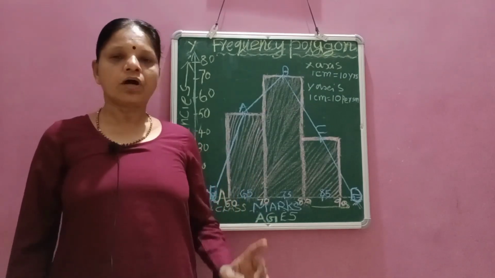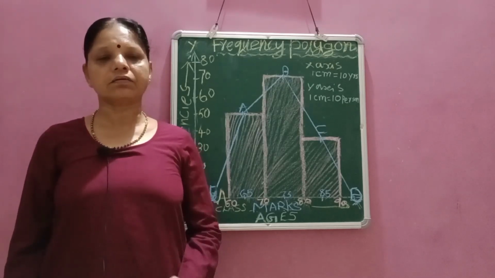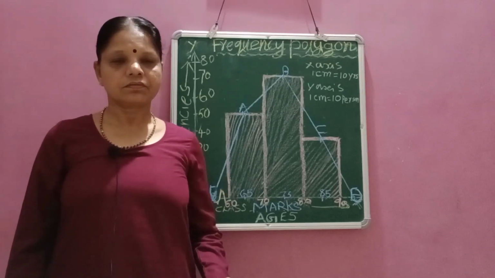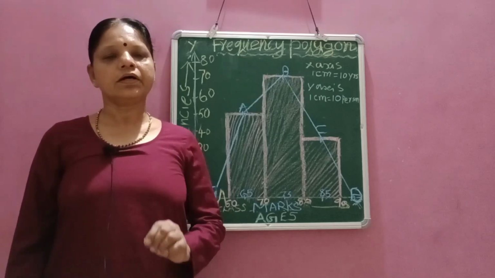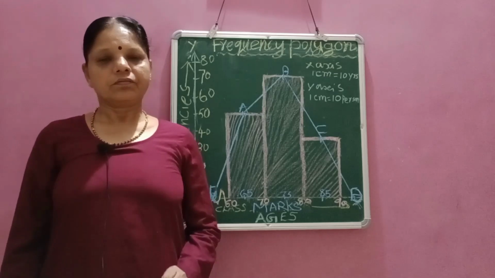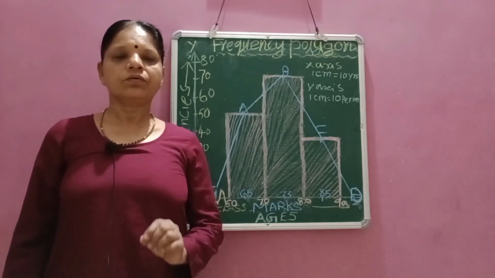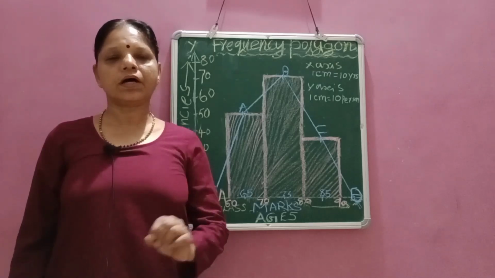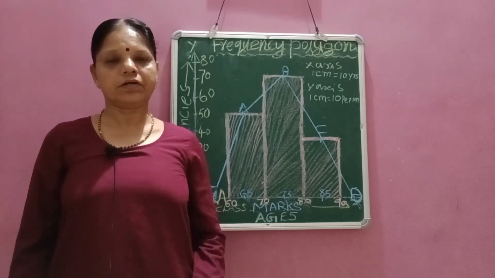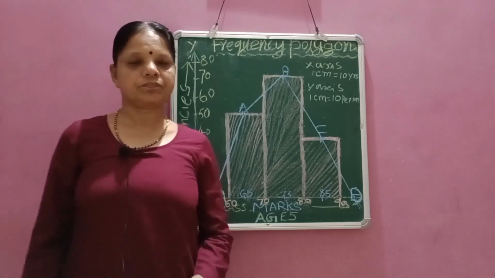So here you have to take the scale on x-axis and y-axis. That is why it is called graphical representation. When you mark any point in the coordinate system, you have to consider both the axes x and y. That is nothing but graphical representation.